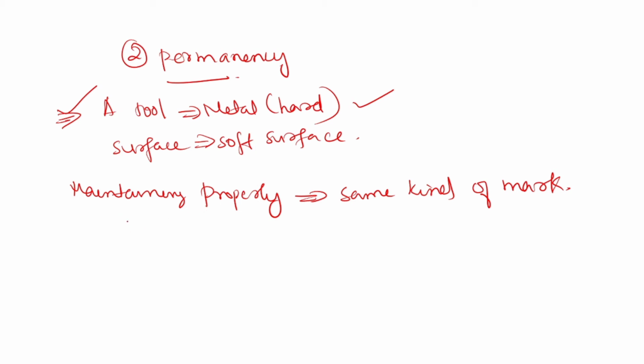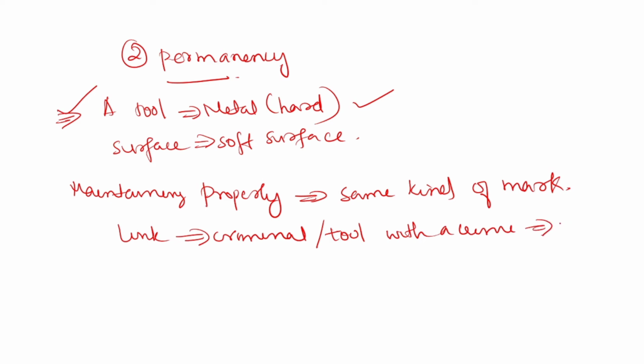Thus, a criminal can be linked to a crime even after a long interval, so that we can link the criminal or the tool with a crime even after an interval. If the tool is recovered from the criminal even after a long interval, we can also identify which tool was used for making these particular tool marks.